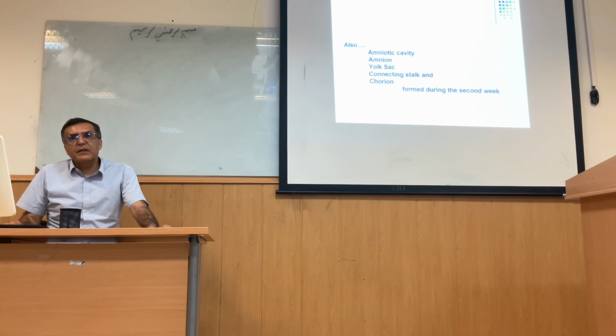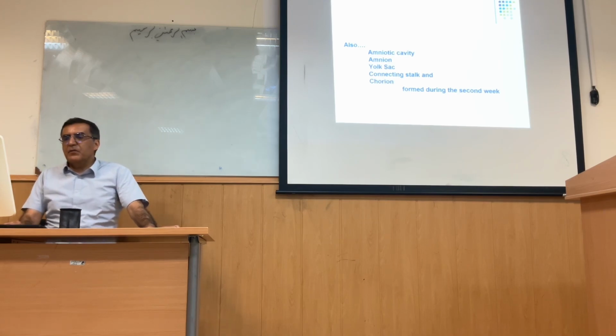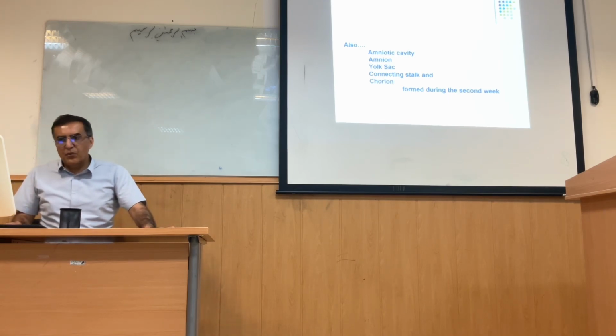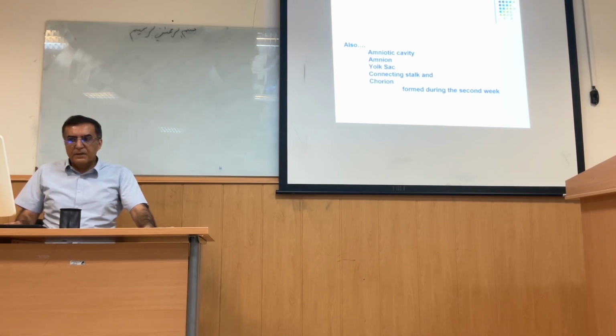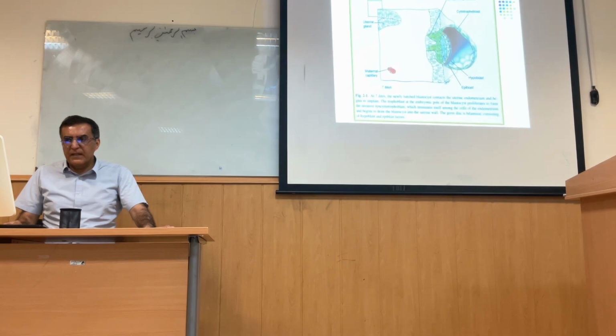Also, I described the amnion cavity. All of them, as you know, are formed during the 2 weeks. There's the time of implantation. Look at here, this is 7 days. The blastocyst, epiblast, hypoblast.